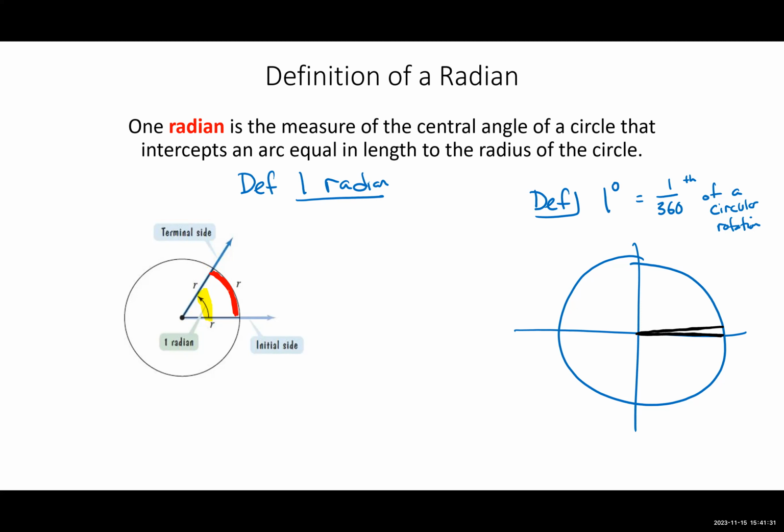Whenever that arc is the exact same length as the radius, when those two are equal, the angle is 1 radian. So let me draw 2 more circles down here. Let me draw 2 more initial sides.